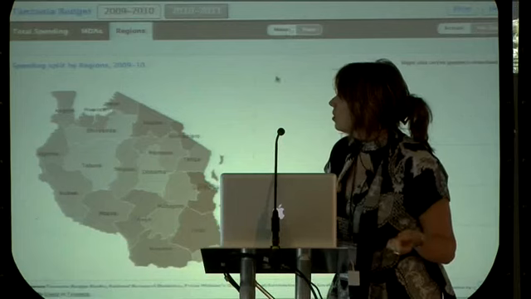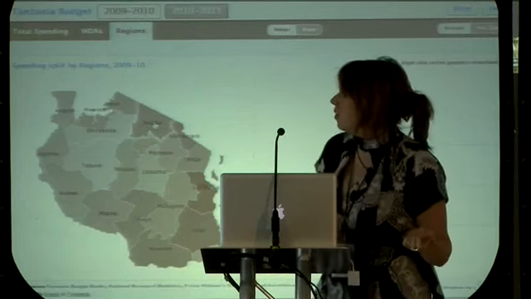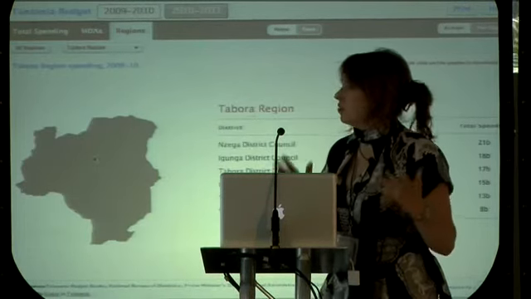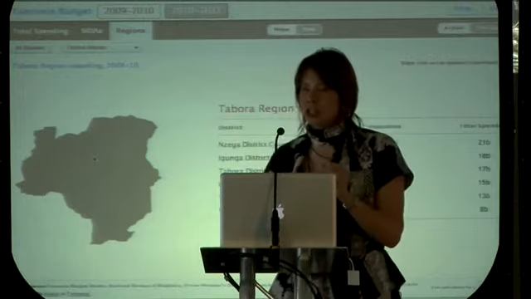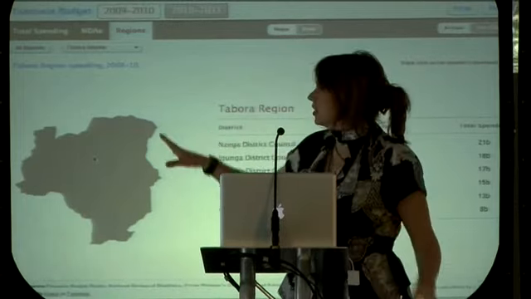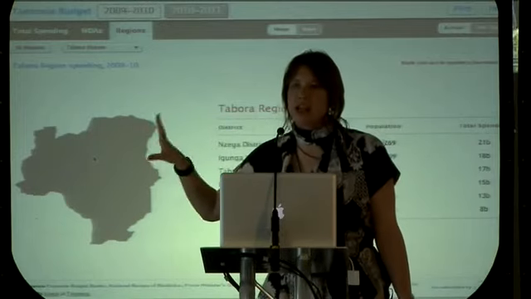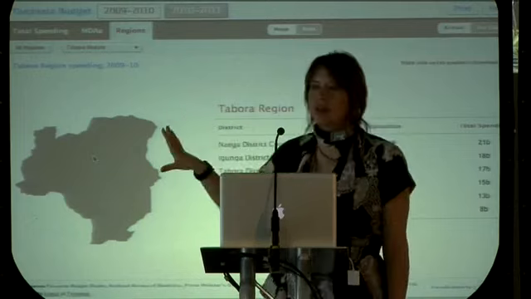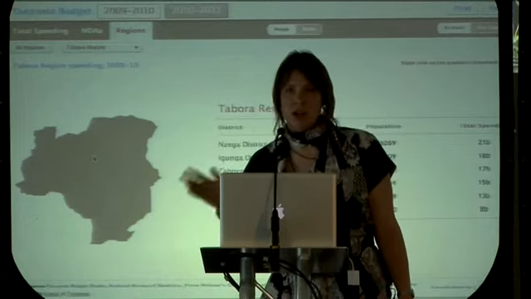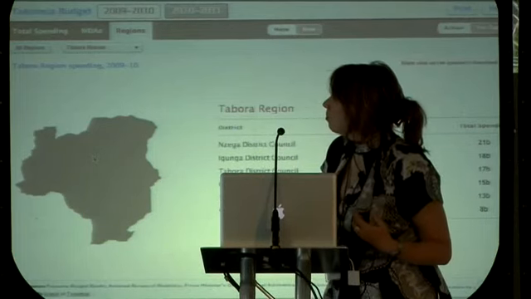Since we're only halfway through this project, this is not as developed in detail as we intend. We're going to incorporate polygons so that you can drill down into regional areas and find out a lot more about what's going on at the ground level. I think people will find this very interesting in their local areas.